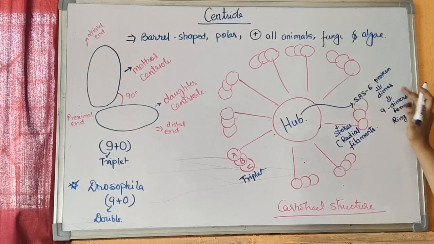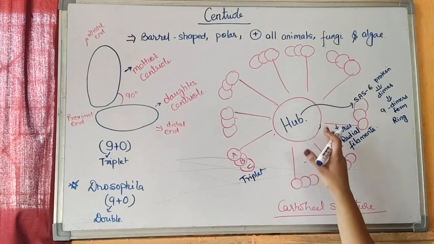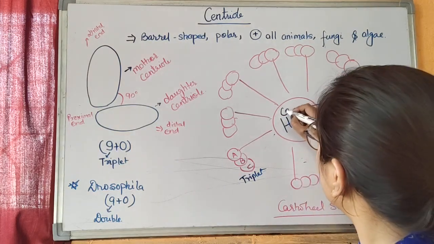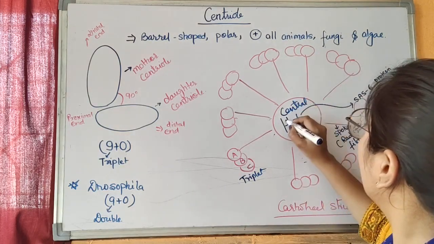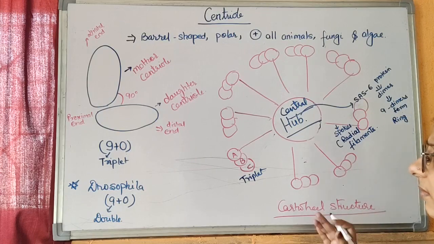Initially it forms a dimer, and when 9 dimers join together, they form a ring-like structure, or a central hub of protein, where all these triplets are arranged.